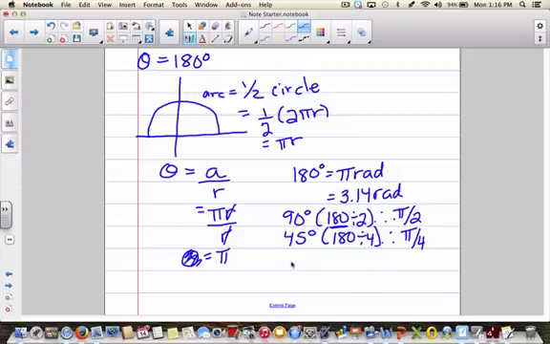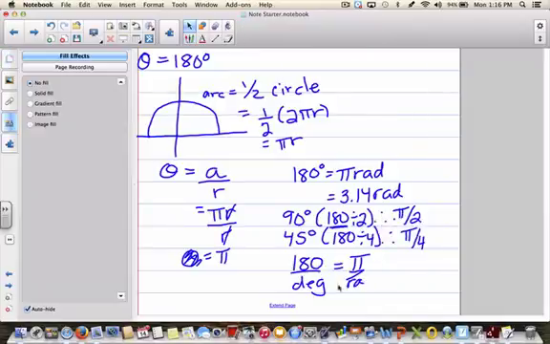So we have like a golden ratio that 180 in degrees is the same as pi in radians. So I can use this to do a whole bunch of conversions.